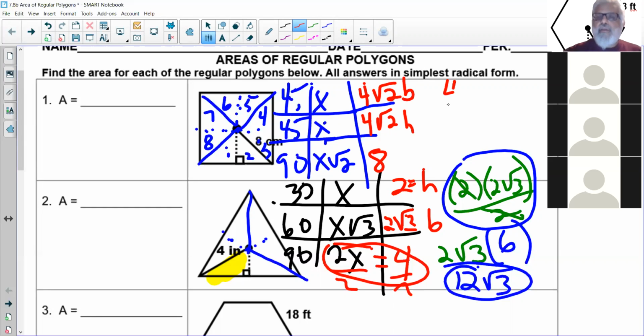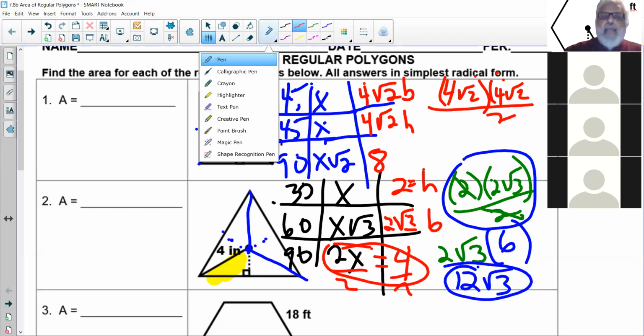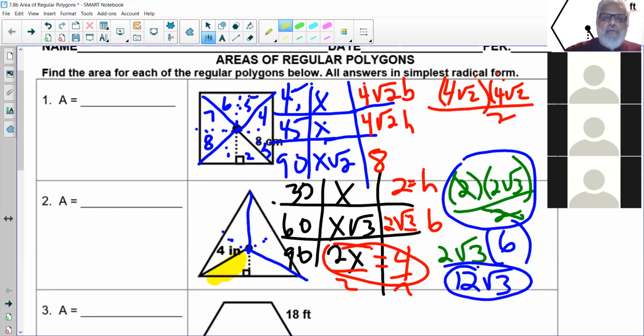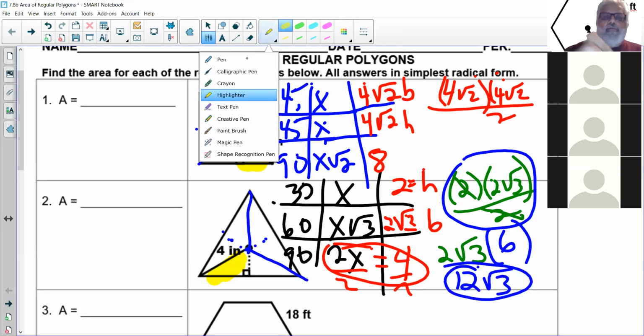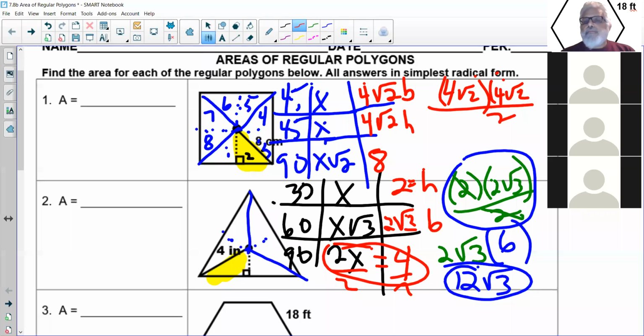So I do 4 square root of 2 times 4 square root of 2 divided by 2. Remember, right now I'm finding the small triangle first. So 2 times 4 is 8, times 2 is 16.